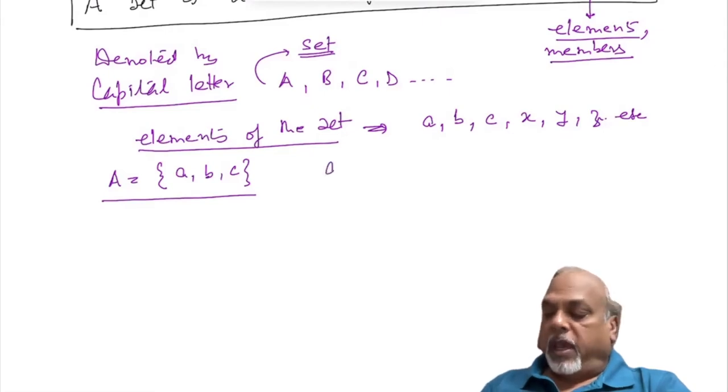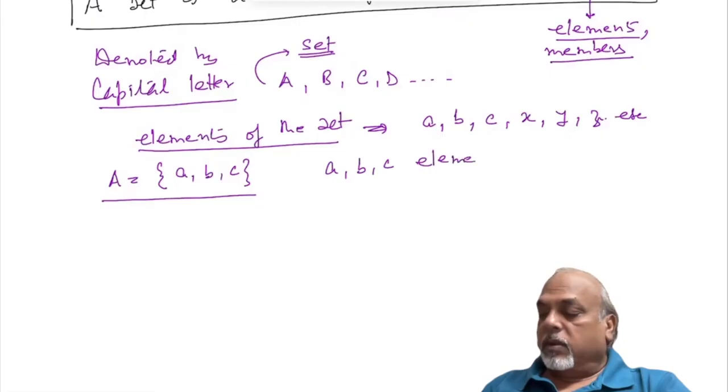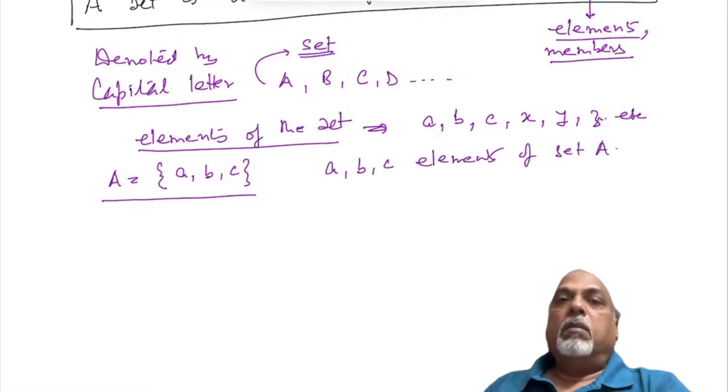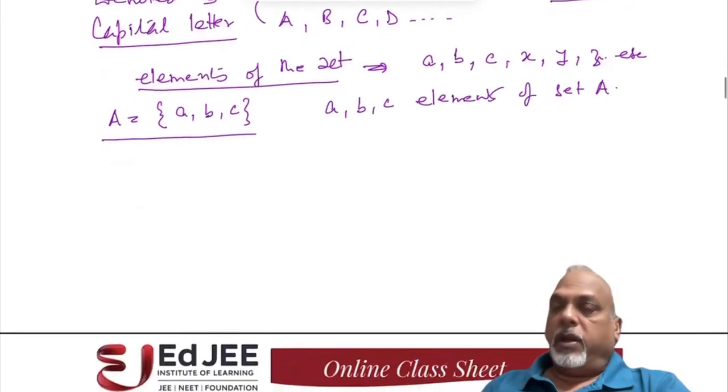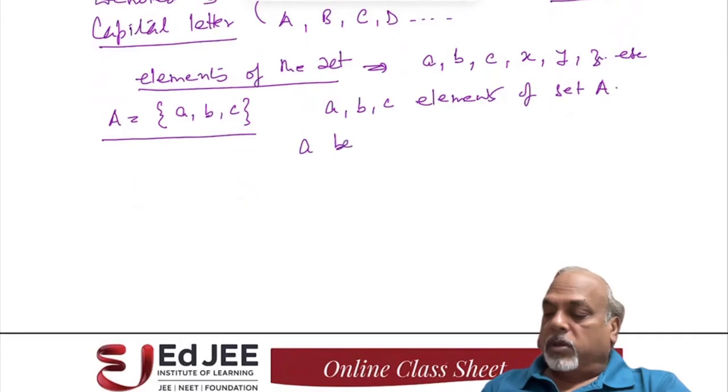So a, b, c, they are the elements of set A. That means if you want to say this thing, a belongs to A.